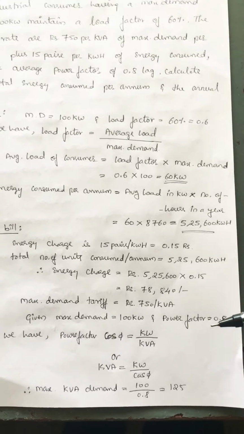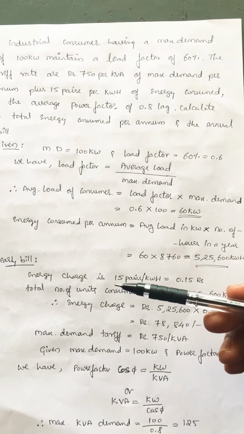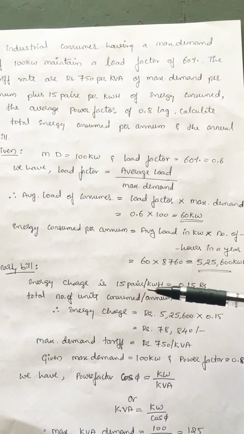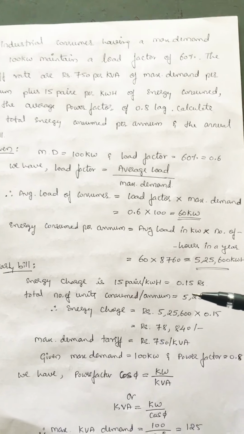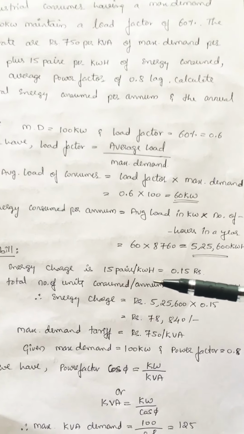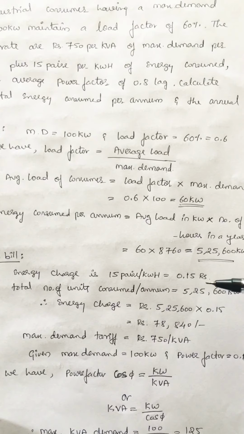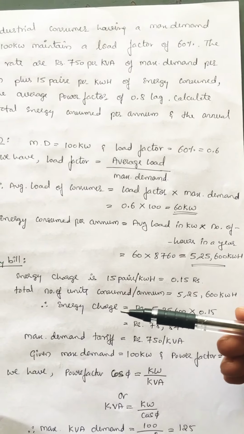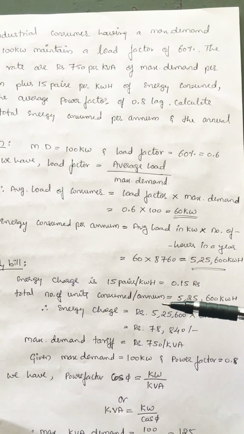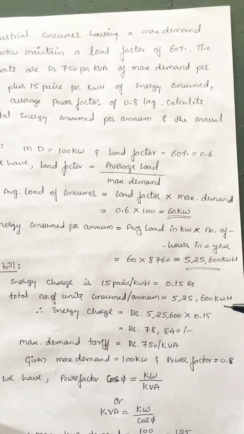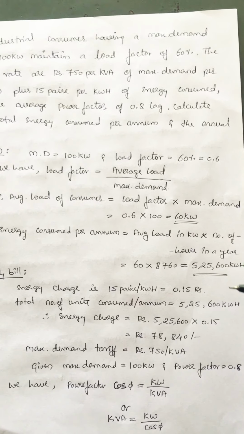From the given data, the energy charge is 15 paise per kilowatt hour. Let us keep this in terms of rupees, so 15 paise becomes 0.15 rupees. Then the total number of units consumed per annum is 5,25,600 kilowatt hour, which we already calculated.